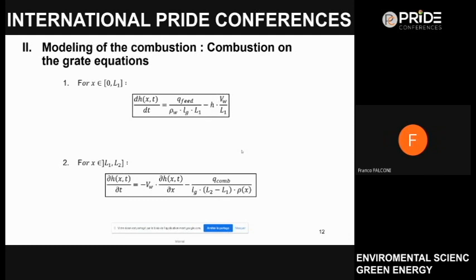And secondly, the combustion zone will be modeled by the variation of the height in this combustion zone, which will be linked to the quantity of air that is introduced in order to burn the waste, because the more air we introduce, the greater the quantity of waste that will be burned. In this case, we have this equation, which comes from a balance of mass.